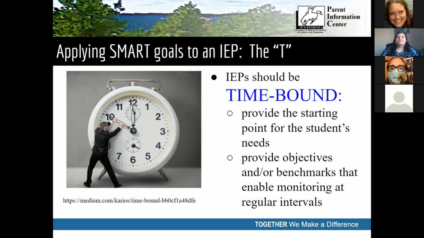You should always provide objectives and/or benchmarks that enable monitoring at regular intervals. And I know a lot of Wyoming teachers don't like to do that, but it makes a parent's life so much easier, particularly since most schools are providing progress monitoring to parents at quarterly moments in the school year.